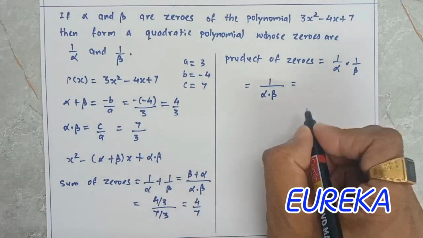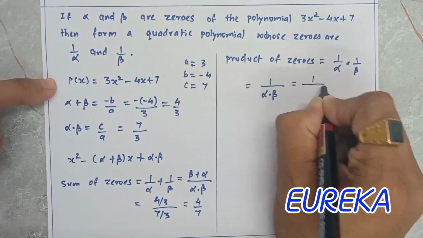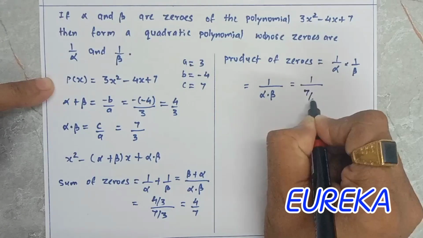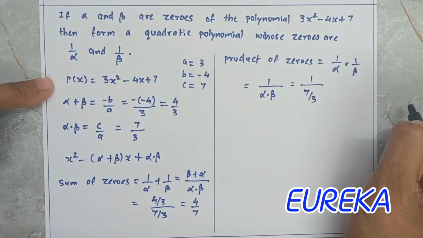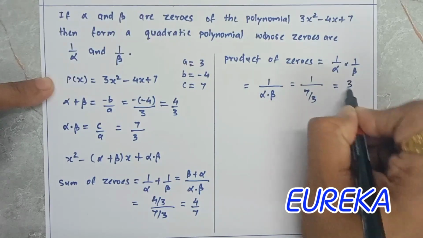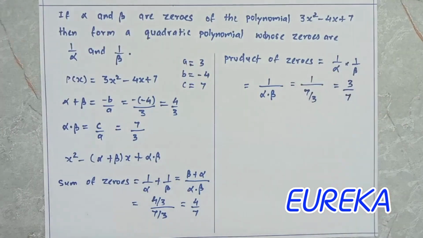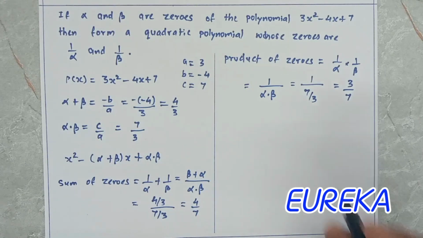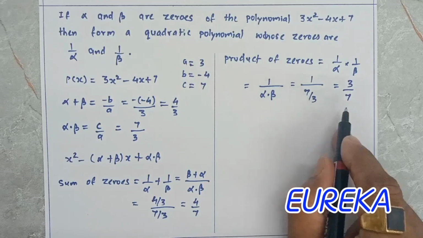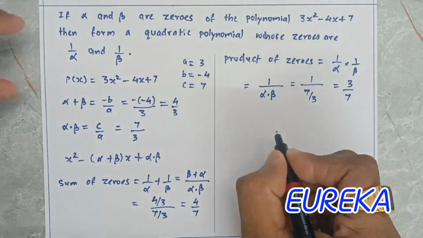So what do we get here? 1 upon 7 upon 3. On reciprocal it will give us 3 upon 7. Is it very clear? So in this case our product of zeros is coming out to be 3 by 7.